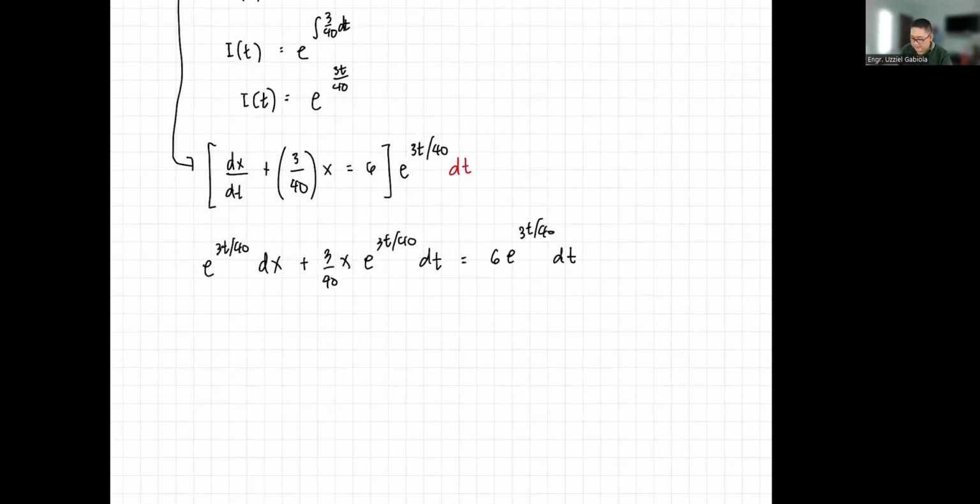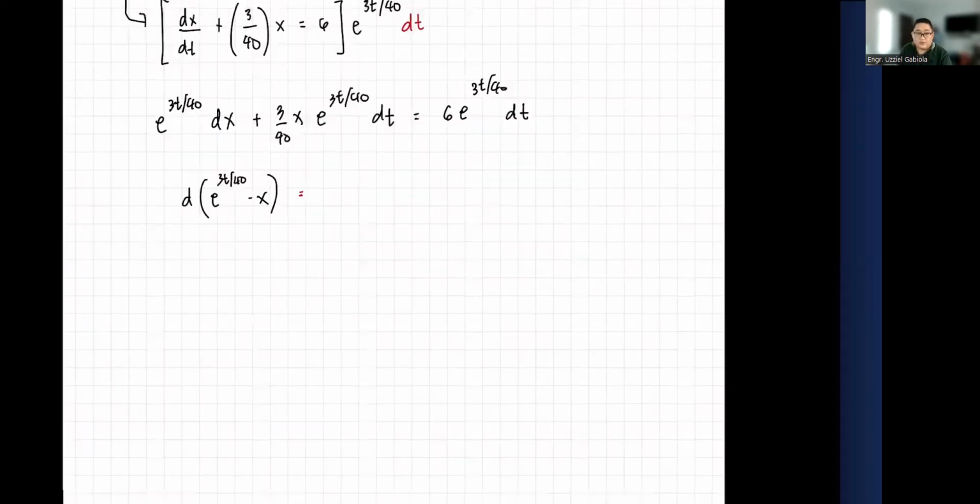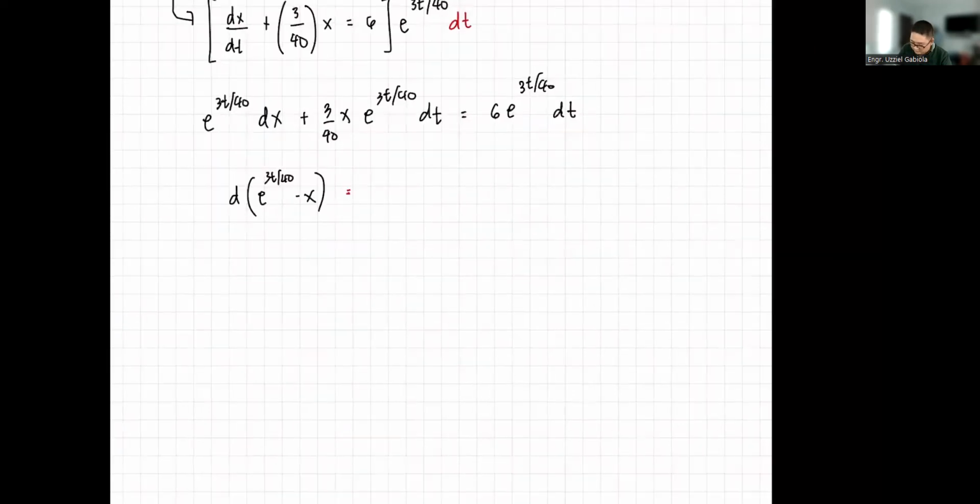Okay? And then dito, ano makukuha natin dito? We will have a differential na e raised to 3t over 40 multiplied by x. Okay? So pag chinek natin, pag kinuha natin yung derivative nun, that will be equal to derivative ng product. So e^(3t/40) times dx plus x times 3 over 40 e^(3t/40) dt.